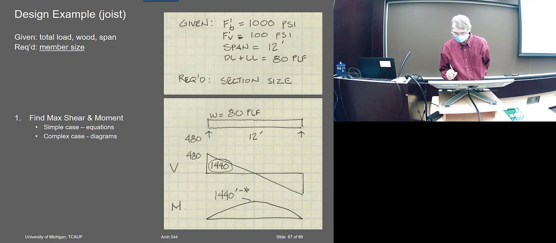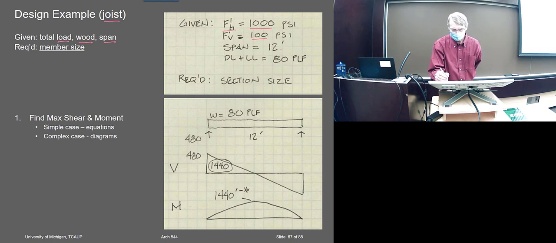Very simple example initially. We just want to find the joist size here, right? So we're given the load, given the wood, given the span. In fact, I'll even assume I've got all the factors here. Won't go through all the factors, but just assume that our factored allowable bending stress is 1,000 psi, and the shear is 100 psi.